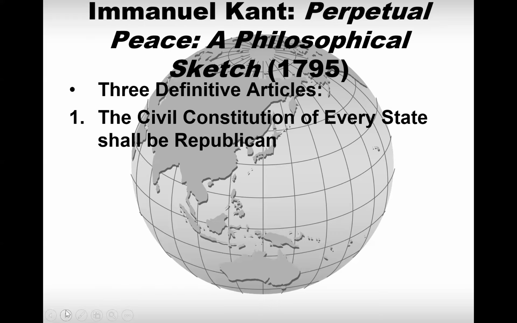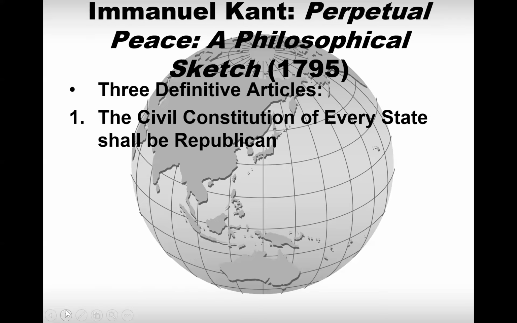The first article is that the civil constitution of every state shall be republican. So basically what this means is that states should have constitutions. Many states at that time did not have constitutions. There were monarchies. Even the United Kingdom did not, and arguably still does not, have a constitution.